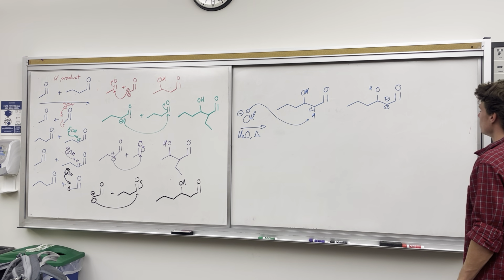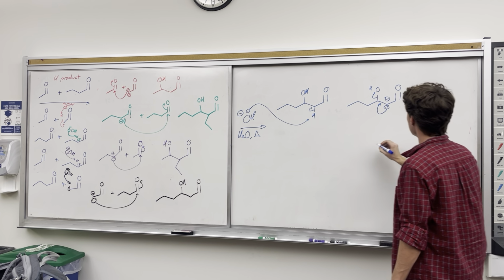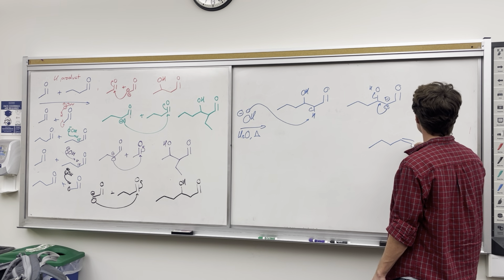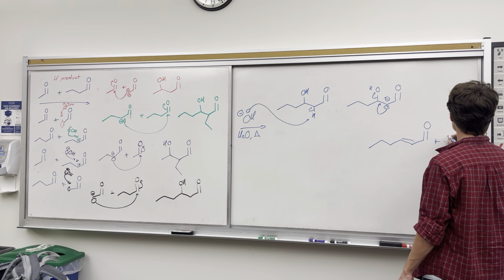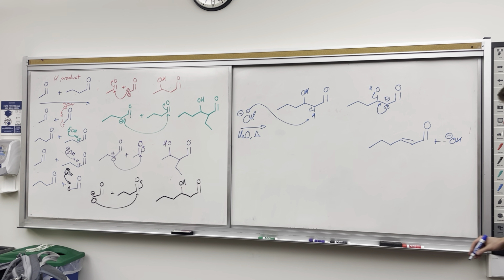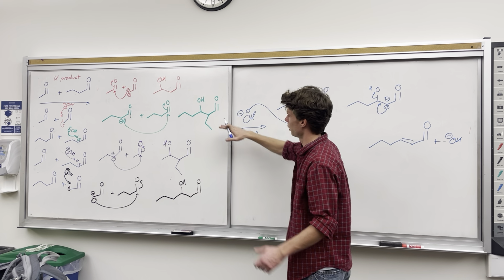OH minus is a suitable leaving group in this case. Let me go ahead, push it off, make that double bond, and that's it. OH minus. This OH minus can go over here and react with this one. We get a conjugated product with that as well.